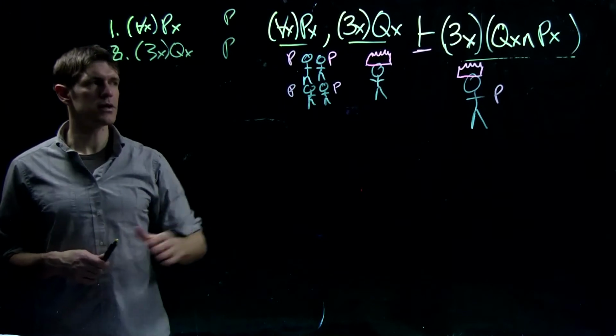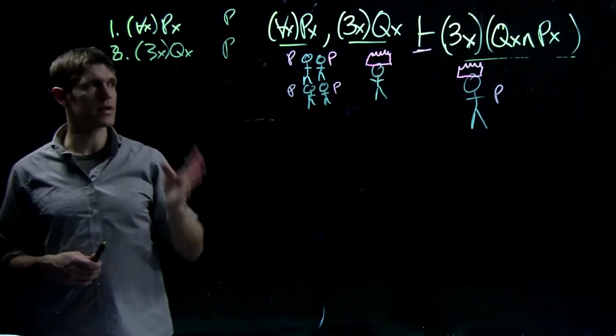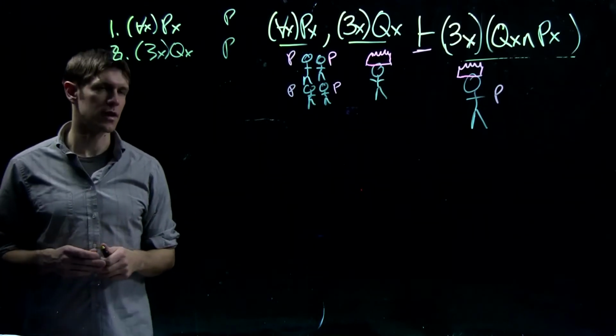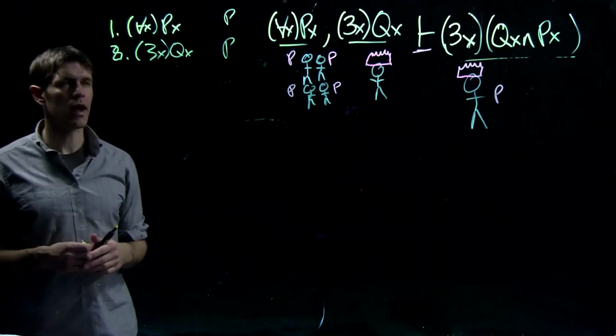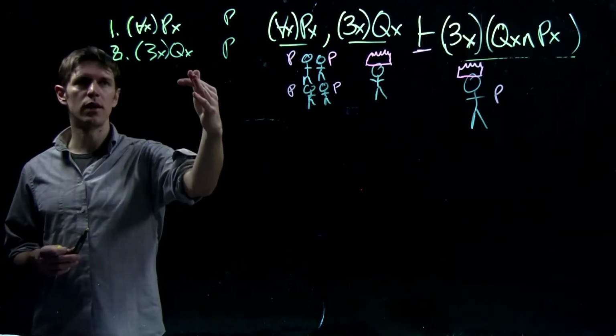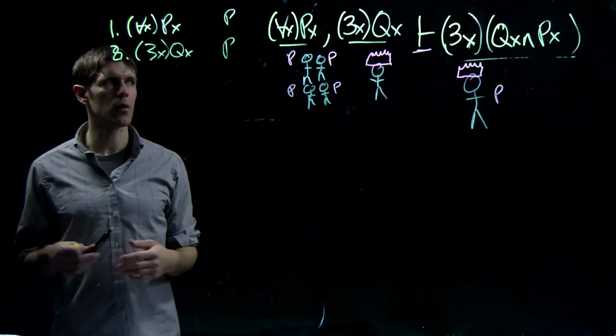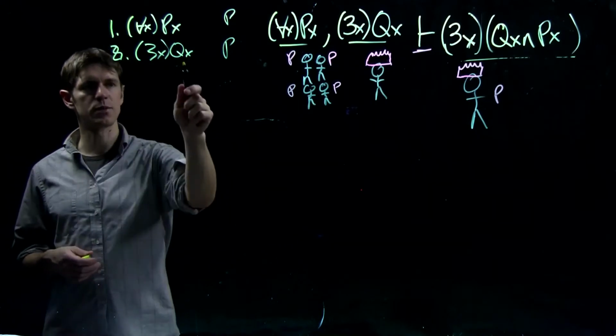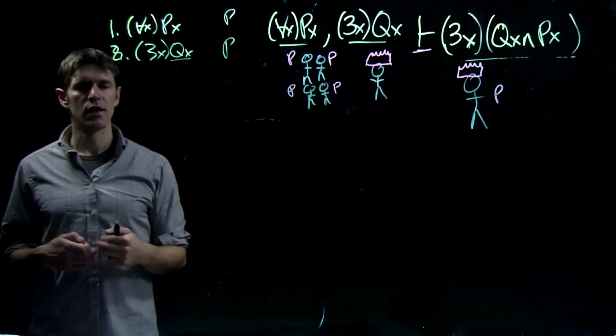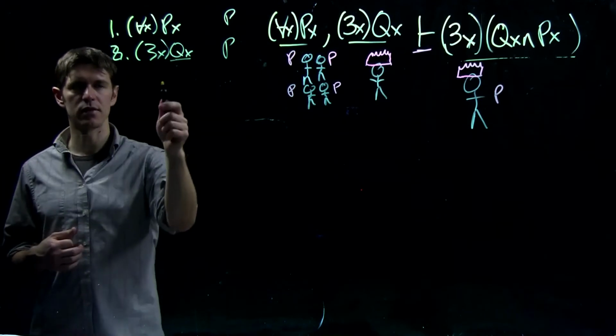The next step will be to try to introduce into the proof this existentially quantified expression here. And while we might try to reason from line 1 to PA or PB, that won't give us this existentially quantified expression. We really need to leverage this existentially quantified expression at line 2.